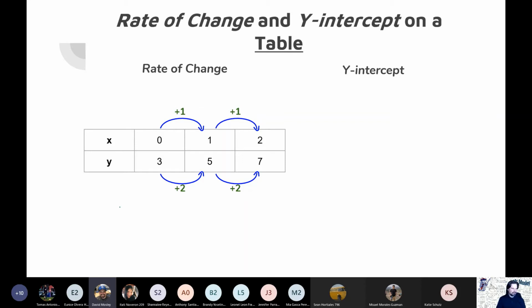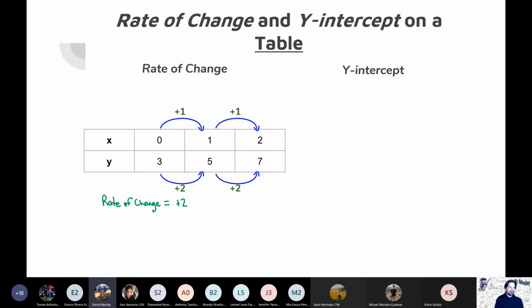Based on that, we have a rate of change. Okay. For every 1 added to x, 2 are added to y.